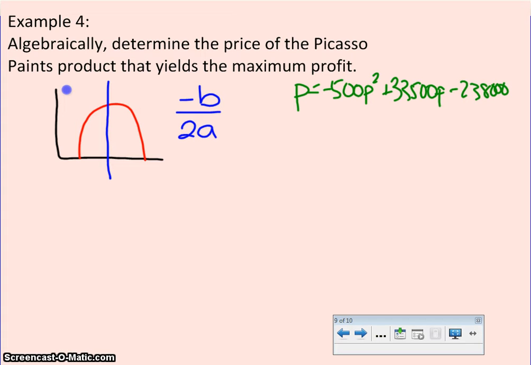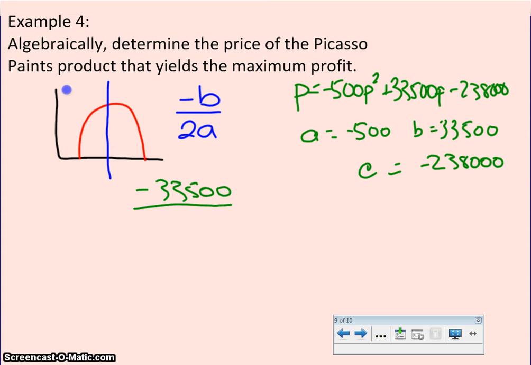Okay? So if we take our A is negative 500, our B is the 33,500, and our C is negative 238,000.